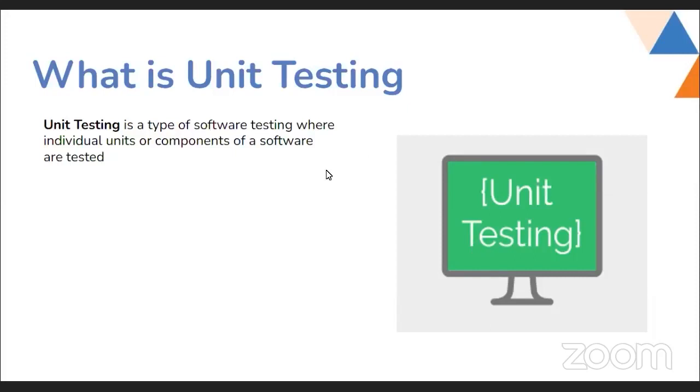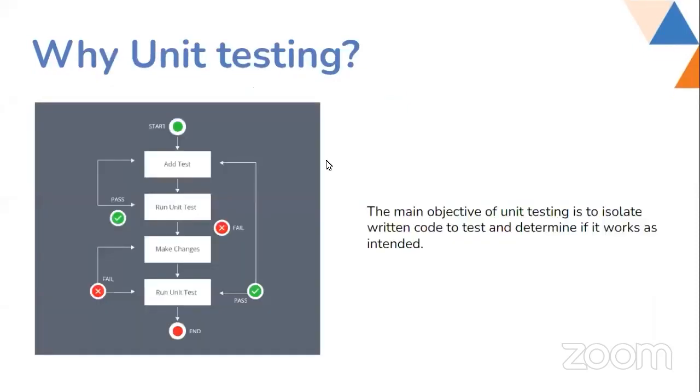Moving on to the next slide, we will know why we are doing unit testing. As I mentioned earlier, we break our application into chunks and test whether it's working as intended or not. Think about a complex system which is composed of several components. If we check a single unit initially and fix that bug at an early stage, it's easier to solve that problem and get to a solution.